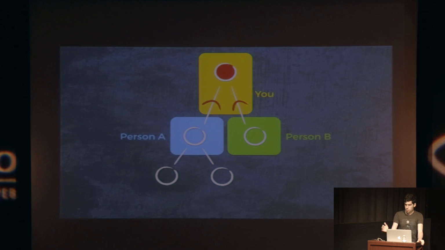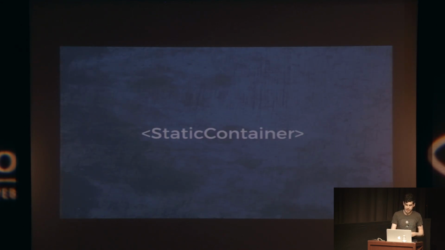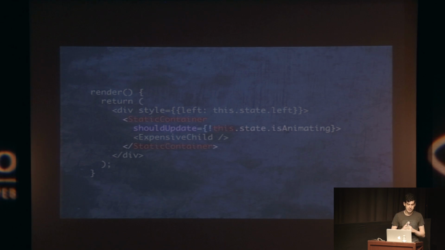And so there's actually a way to implement this using React in a module with a component that we call StaticContainer. The way you use it is you wrap your expensive child in a StaticContainer with a prop called shouldUpdate that says, oh, I'm not animating. So if I'm animating, I don't want any child to re-render because I don't want to drop a frame.